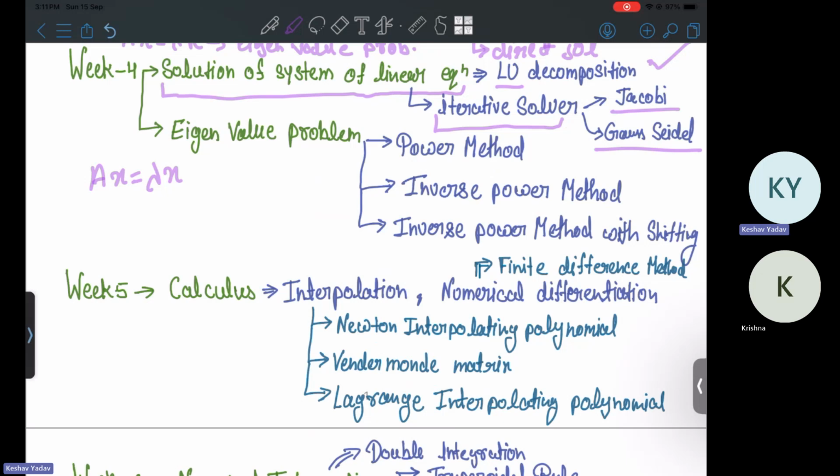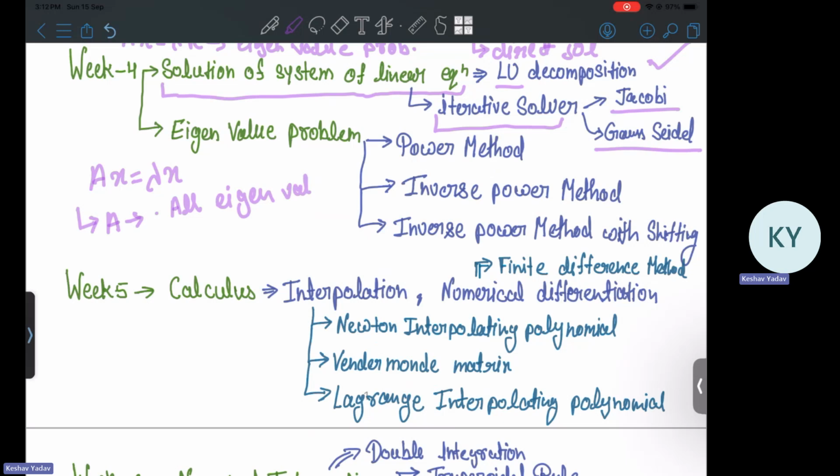There we saw how, given a square matrix A, we can find all eigenvalues and all eigenvectors. By using the power method, we can find the absolute maximum eigenvalue and its corresponding eigenvector.